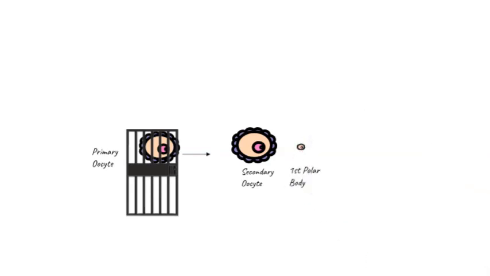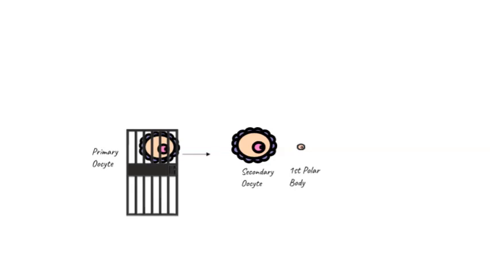So even the one that gets chosen to grow and gets taken care of until it becomes big enough to become the secondary follicle, once it divides into one big one and one very little one that doesn't get much of the cytoplasm, it gets all the genetic material.